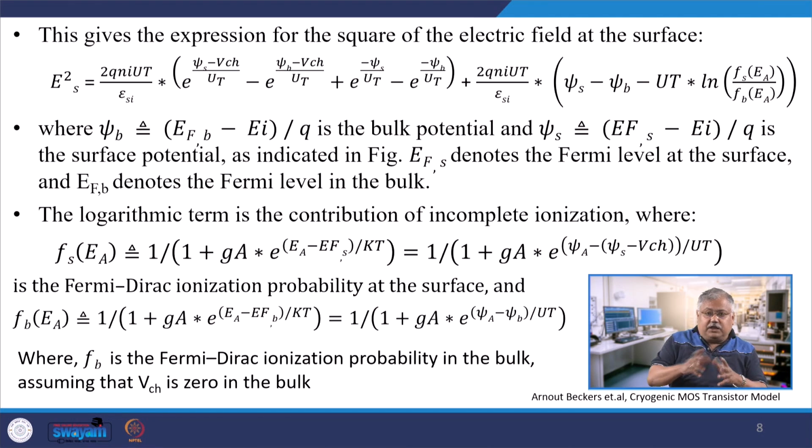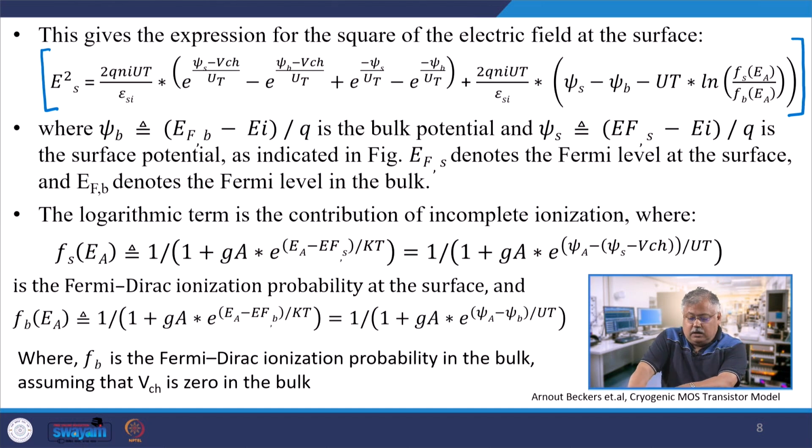Now if I go further and do a routine calculation, I get the electric field term to be this much. It depends upon many factors, but primarily on the surface potential and the bulk potential, and it also depends exponentially on the channel potential and the surface and bulk potential.